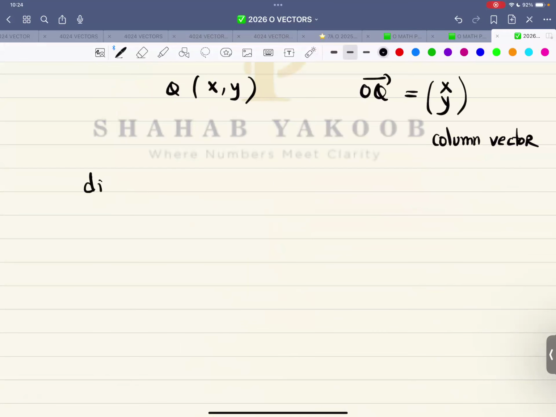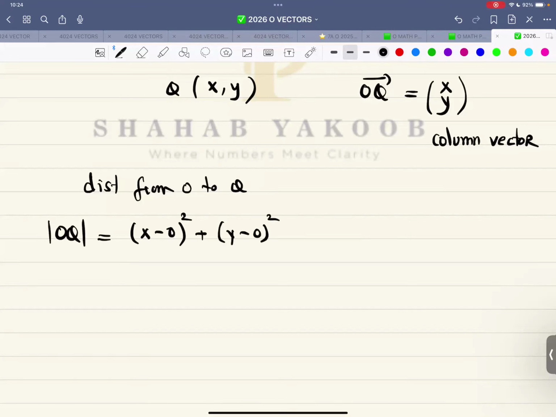Similarly, if I write the distance from O to Q, I can write OQ, magnitude, that is the square root of (x minus 0) whole square plus (y minus 0) whole square, which is simply the square root of x square plus y square. Application of Pythagoras theorem.